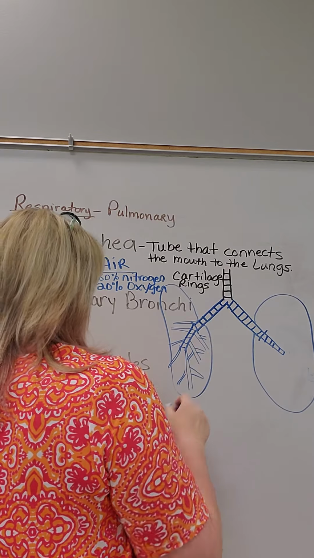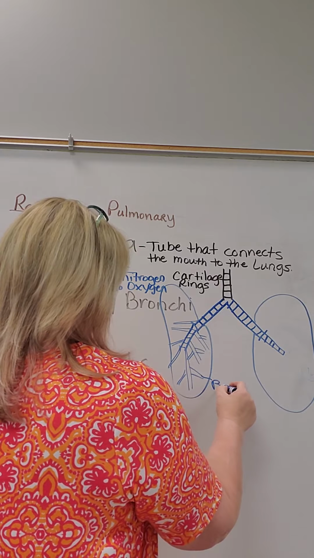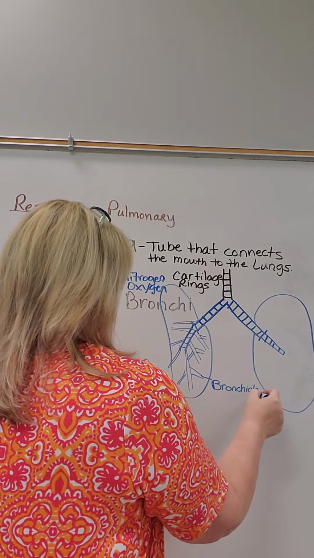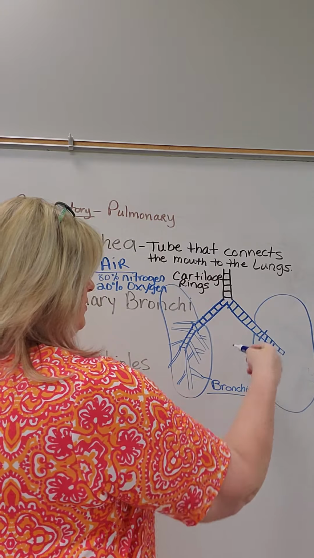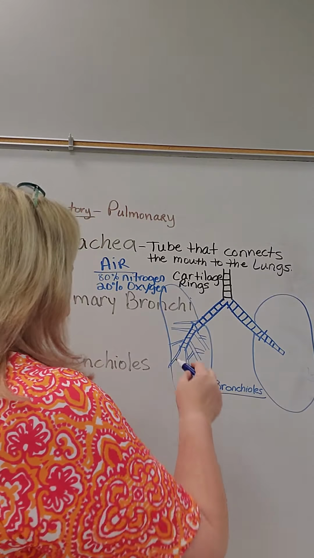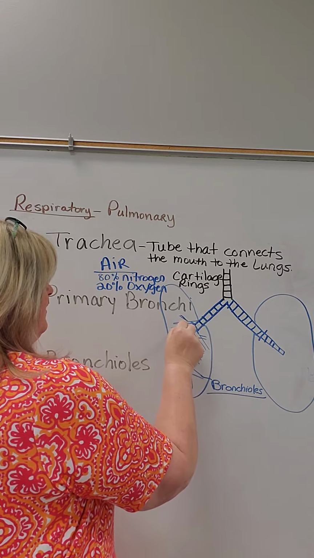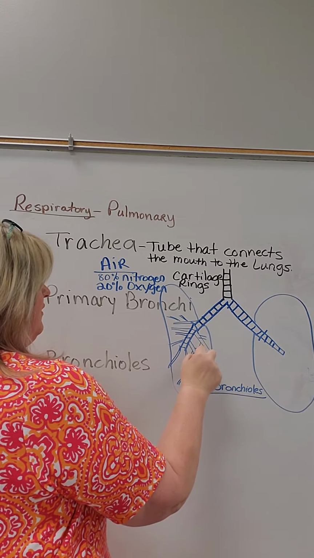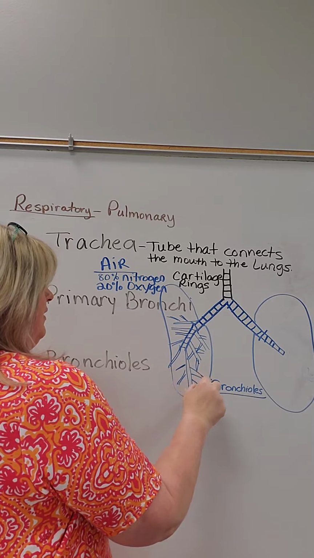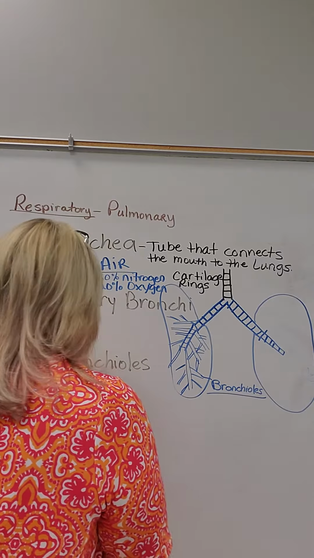These are called bronchioles. They're on both sides. I'm just drawing it on the one, but obviously it happens on both. And they'll get thinner and thinner. These bronchioles keep branching down until they become microscopic.